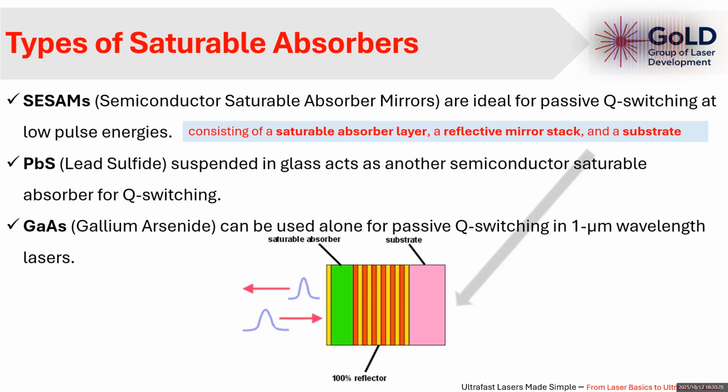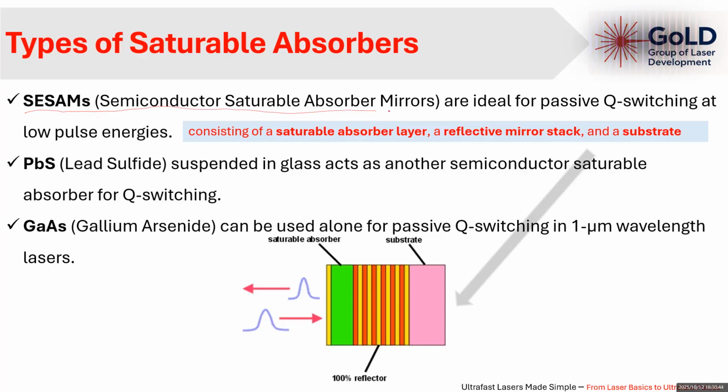There are different kinds of saturable absorbers. The common one which is used is called SESAM, semiconductor saturable absorber mirrors.